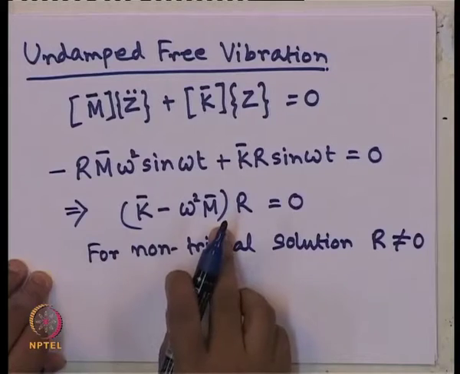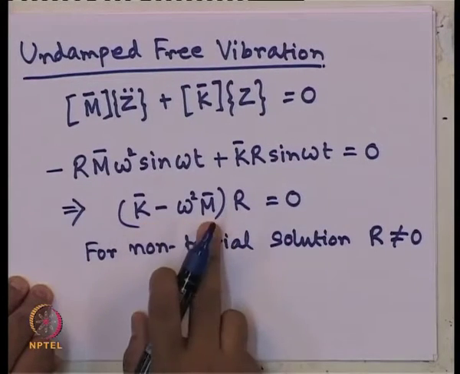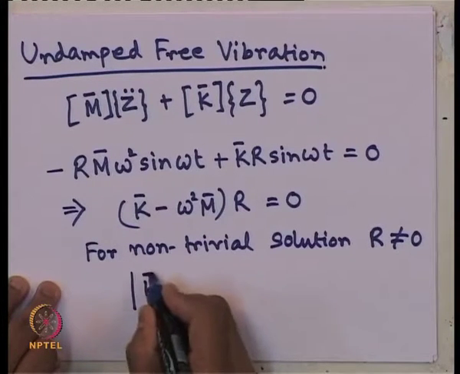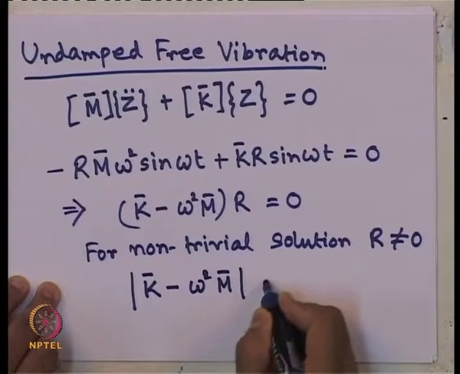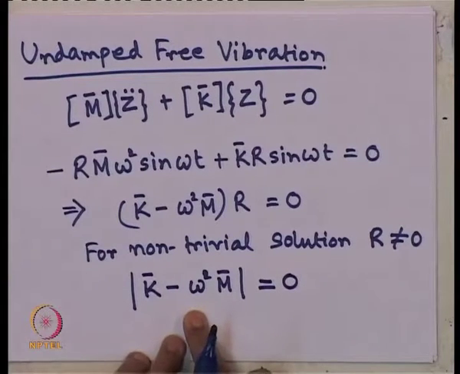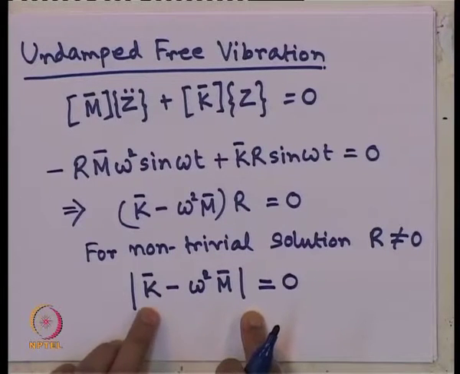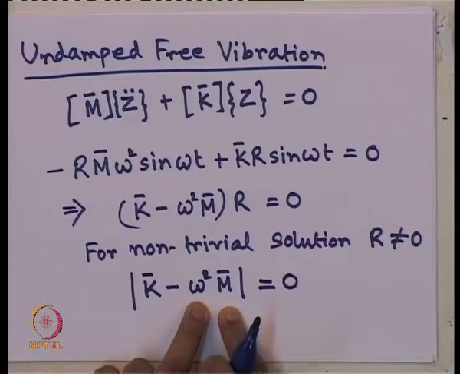Okay. If this is equal to 0, these all are matrices now. So, it means k bar minus omega square m bar equals 0. That is, the determinant of this should be equal to 0. So, if we find the determinant, because k is a matrix, m is a matrix, what we will get?